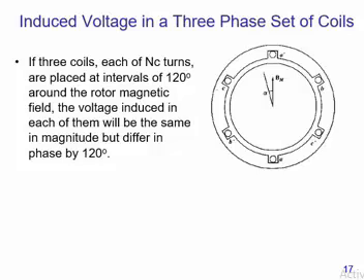So if 3 coils each of N turns are placed at intervals of 120 degrees around the rotor magnetic field, so these 3 coils are 120 degrees apart from each other, then the voltage induced in each of them will be the same in magnitude but differ in phase by 120 degrees, as it is obvious that the voltage magnitude would be the same, but they would be out of phase by 120 degrees to each other.